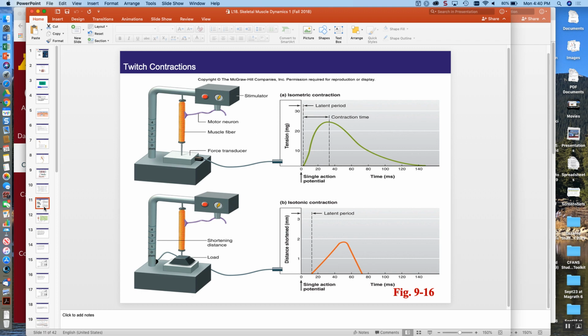Only load-velocity is an isotonic contraction. If you ever see a graph that has tension on the y-axis and time on the x-axis, then you know you're looking at an isometric contraction. An isotonic contraction is going to have distance shortened on the y-axis.